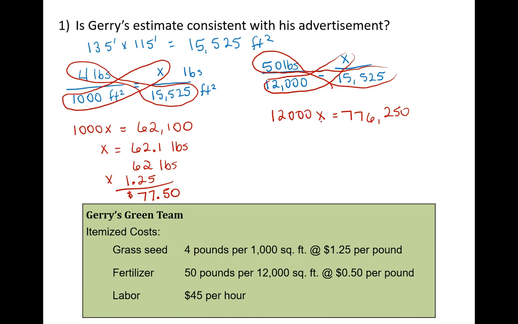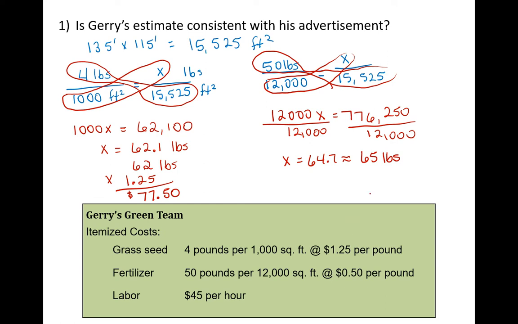I need to solve for x, so I'm going to divide by 12,000. And that comes out to be like 64.7. We're going to say that that's about 65 pounds because we're rounding things.